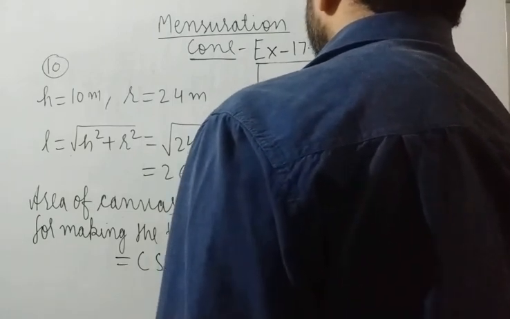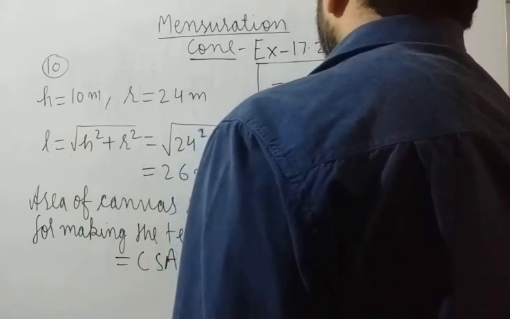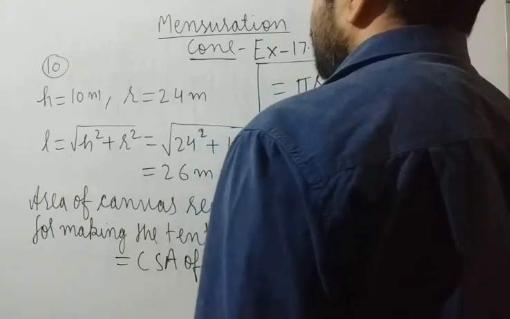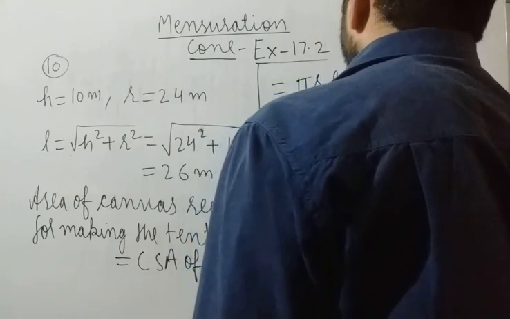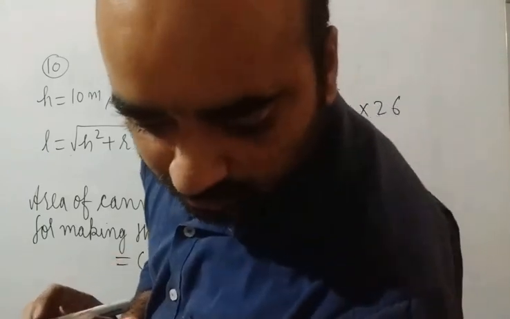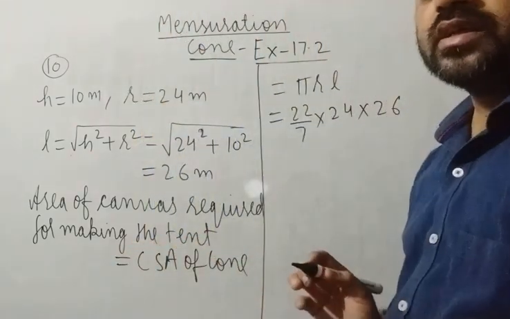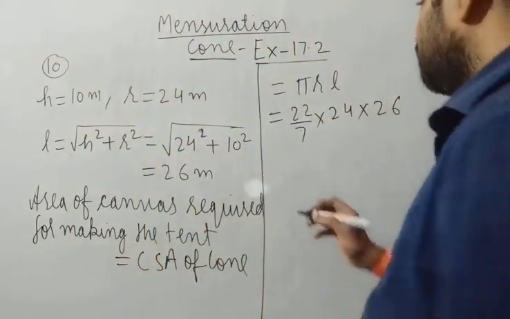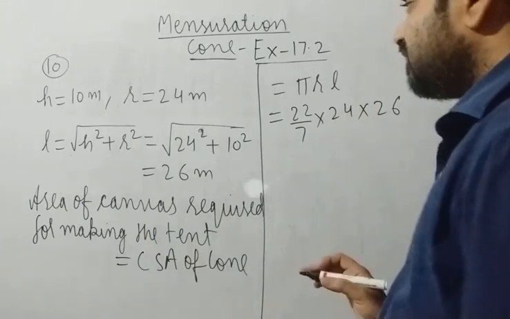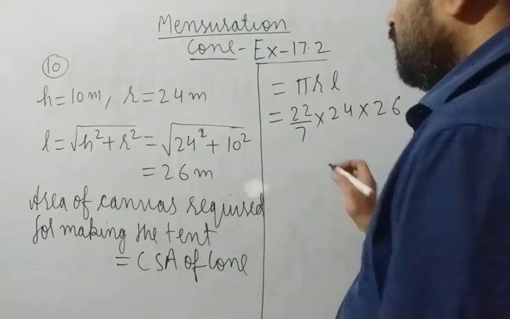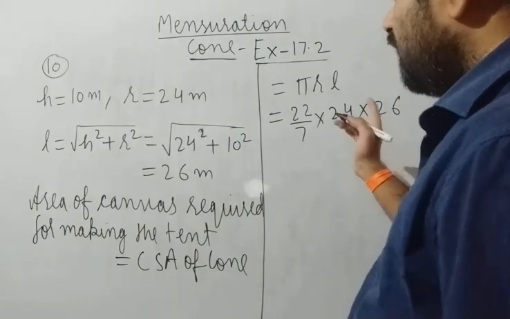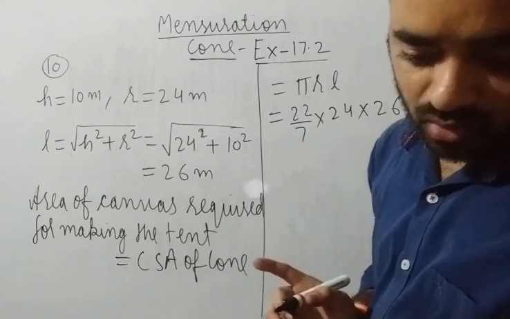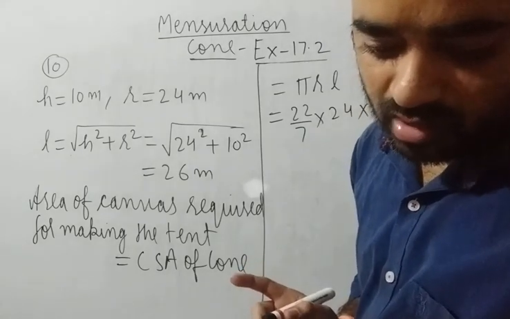22 by 7, radius is 24, slant height is 26. Correct? Nothing is mentioned about pi, it means we have to take 22 by 7. So this will not be cancelled. At last the cost for 1 meter square is rupees 70.